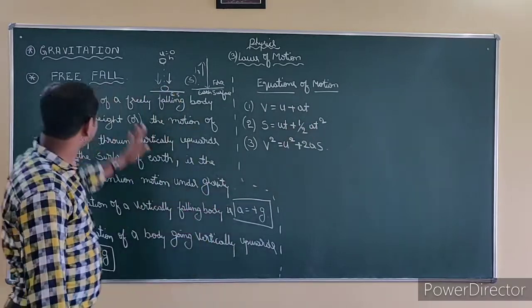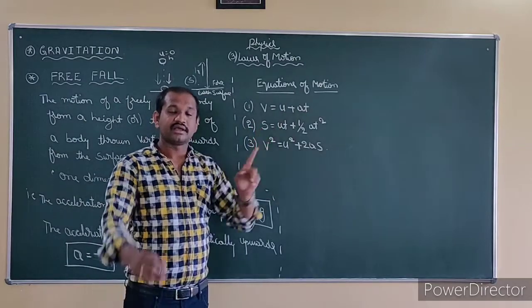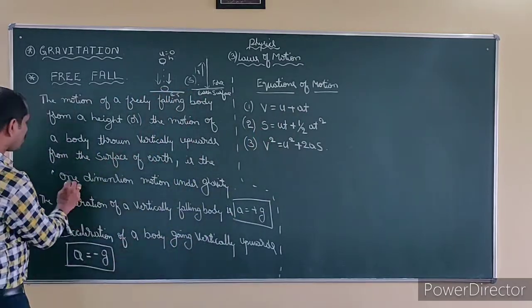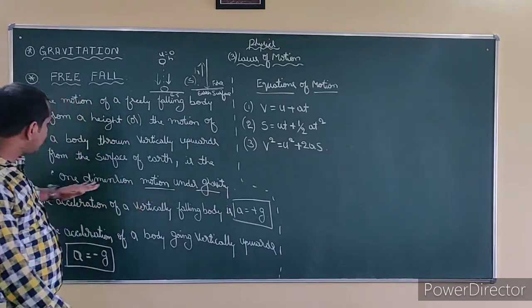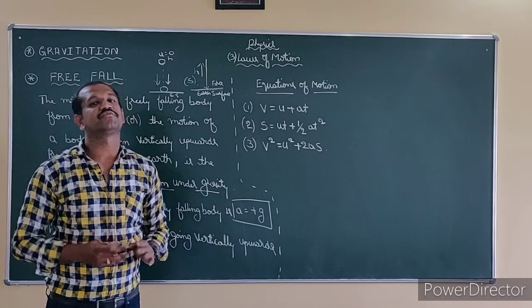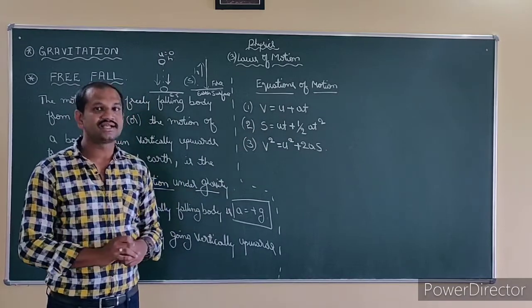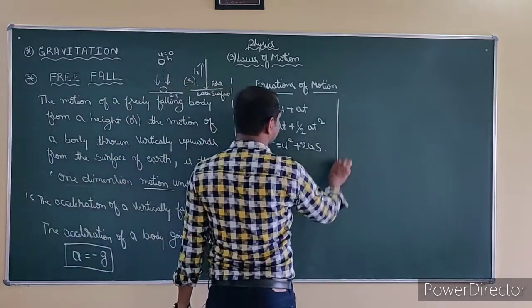Now we are studying free fall. The same equations of motion, when we study one dimension motion under gravity, have a slight change. What are those changes? Let me see now.